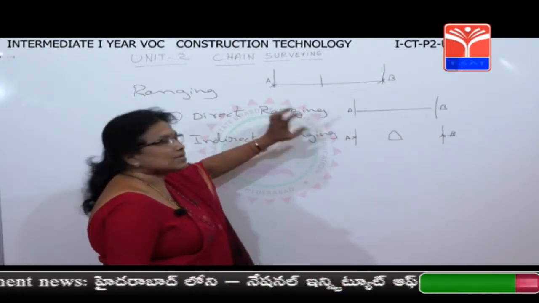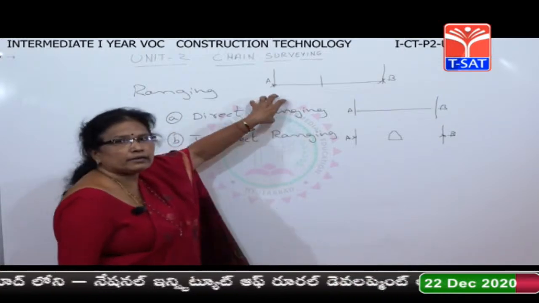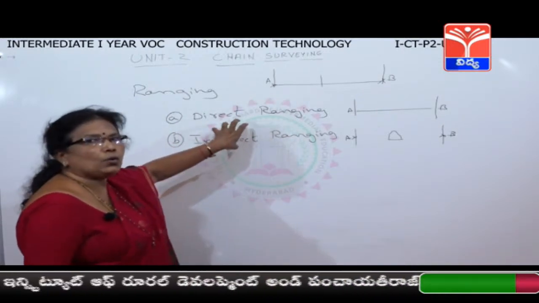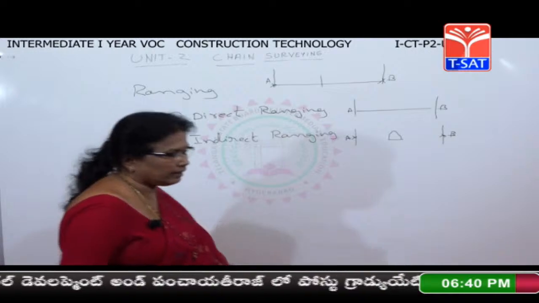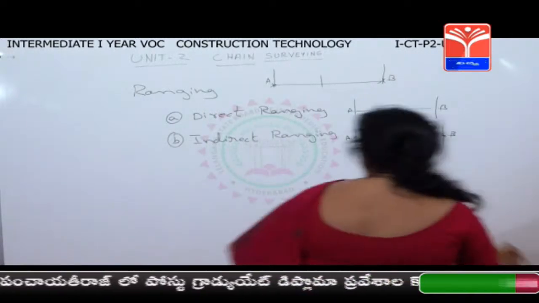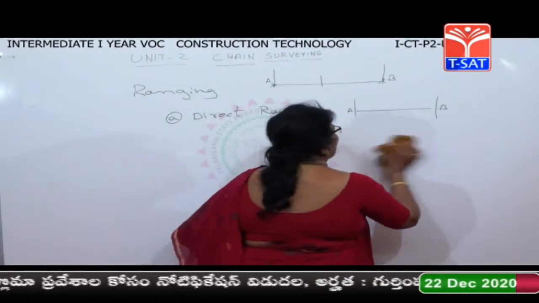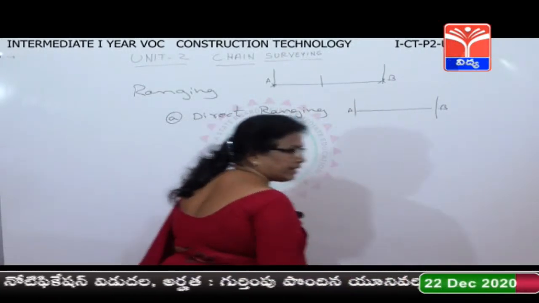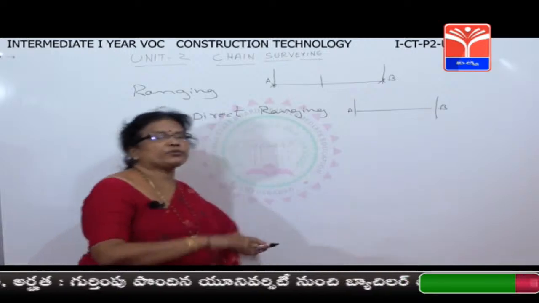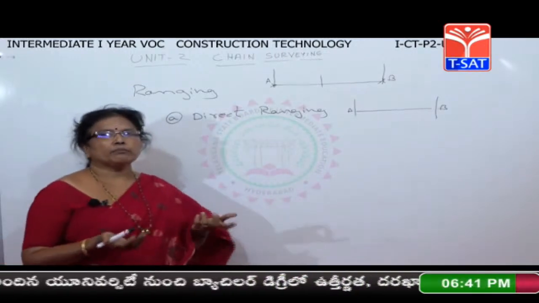Now this is a 6 marks question. Let us see how direct ranging is done and how indirect ranging is done. In the exam, they will ask you what is ranging and what are the different types of ranging. Explain any one method.